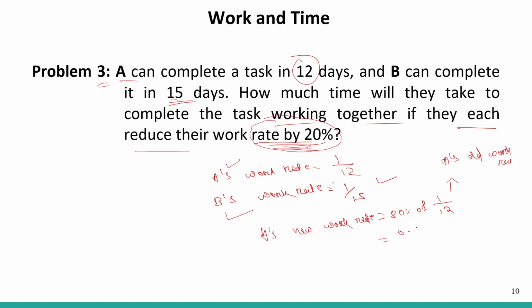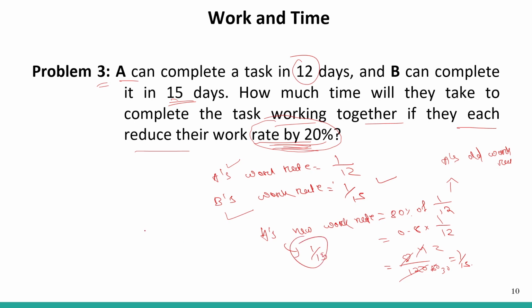So this is equal to 0.8 into 1 by 12, which is equal to 8 by 120. So this will be, 4 by 60, 2 by 30, 1 by 15, right? So A's new work rate is 1 by 15.